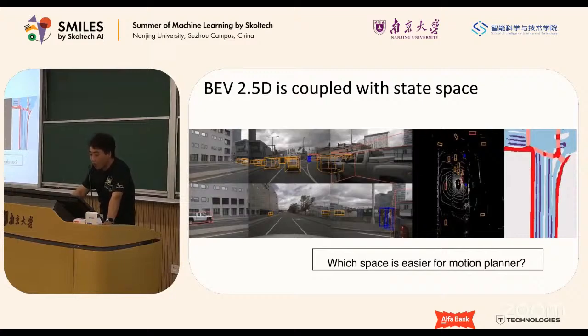Why do we call it BEV? Because it imagines that if we were a bird, we could use a bird's viewpoint to see the ground. So we can store the cars and the moving objects in the plane.